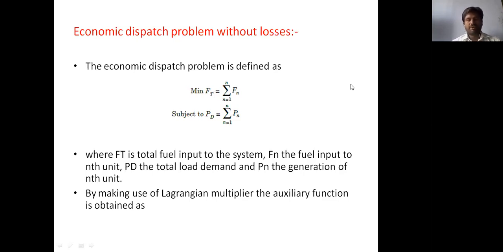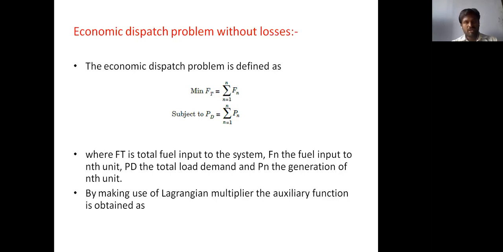Suppose n number of units are connected in the power generation. The objective is to calculate the minimum overall cost of generation, defined as minimum F_T equal to F1 plus F2 plus Fi and so on up to Fn.